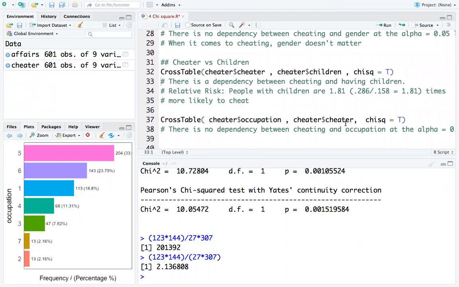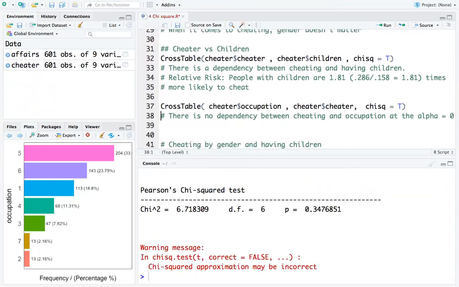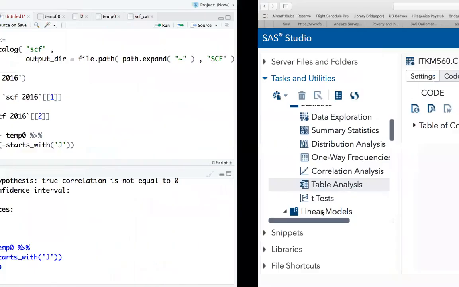Now, let's run this one. The p-value came out to be not significant, occupation. Let's do this in SAS.